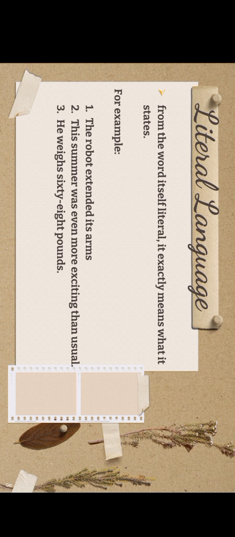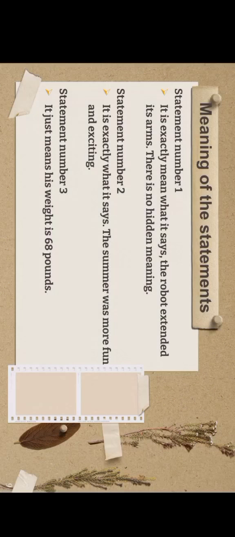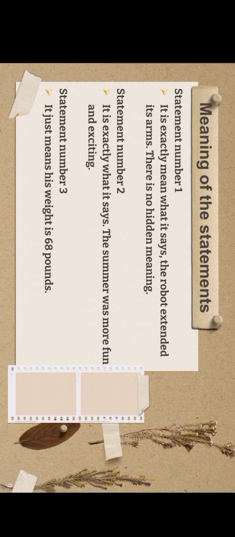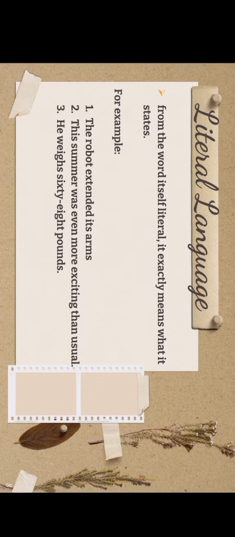Or what it states. For example, number one, the robot extended its arms. The statement exactly means what it says. There is no hidden meaning in it. And for example number two, the summer was even more exciting than usual.